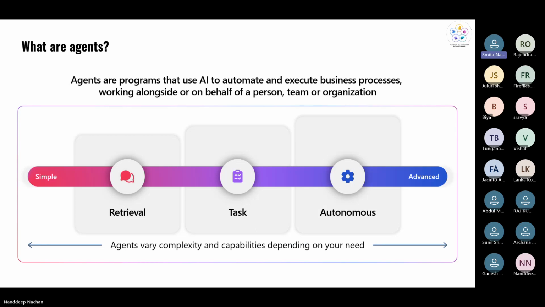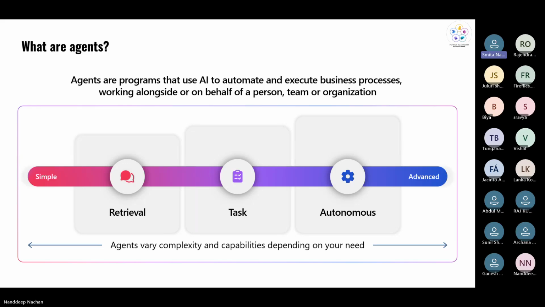Agents can vary in complexity based on what you need. At the simple end, you have retrieval agents that focus on finding the right information, such as documents, emails or records. Moving further, task-based agents can perform specific actions like creating tickets, updating data or triggering workflows.